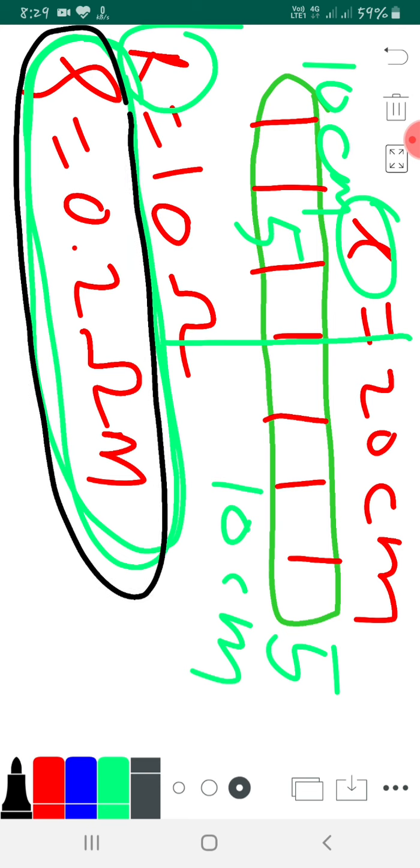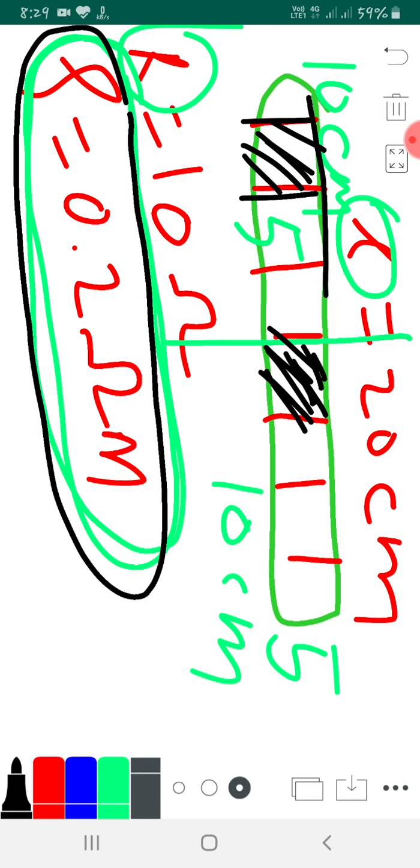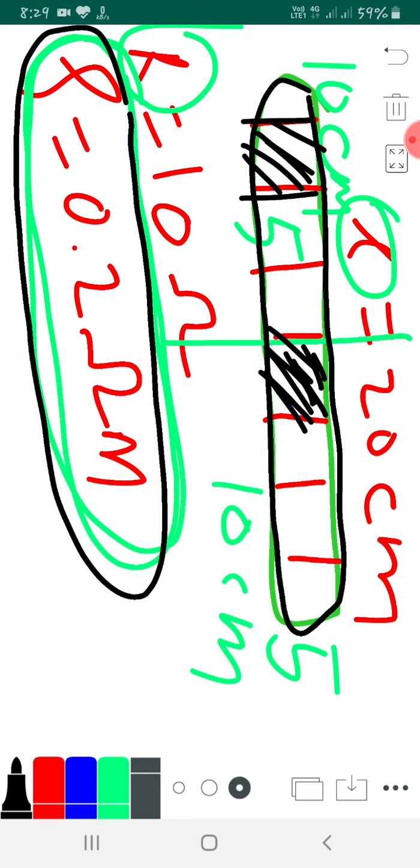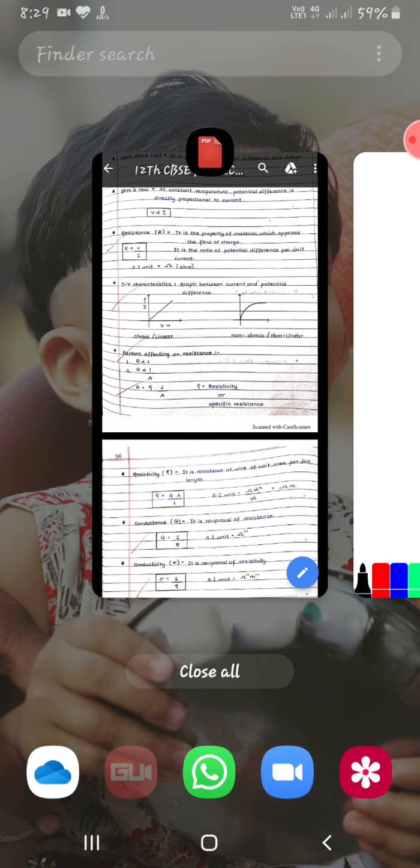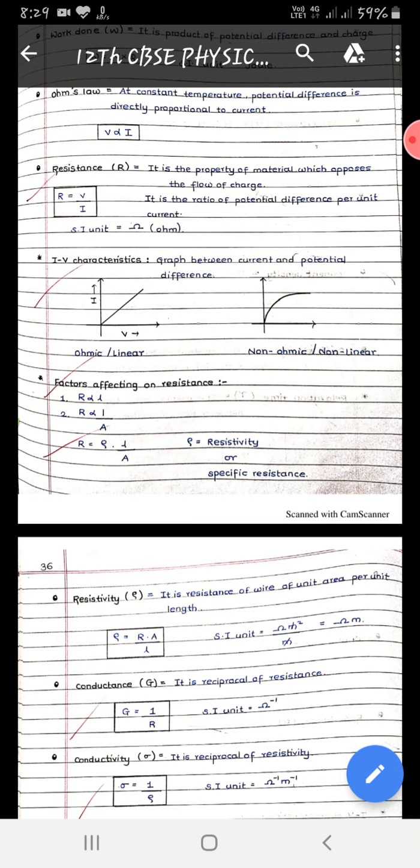Resistivity is the resistance of a particular area. If you consider any small area of particular length, then it is resistivity. And if you consider the whole conductor, then it is called resistance. Are you getting my points? Resistance is always greater than resistivity. Okay. Next. Hope the difference between resistance and resistivity is clear with you.